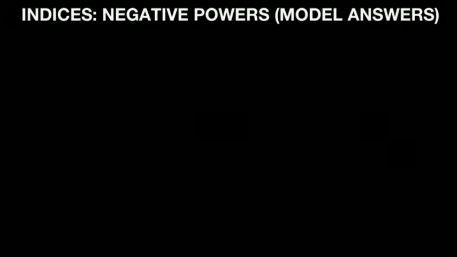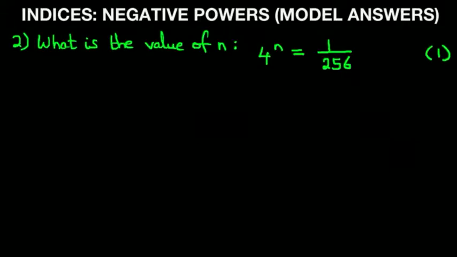Now let's move on to our second question. Number 2. What is the value of n? 4 to the power of n, this is what we have to work out, equals 1 over 256.